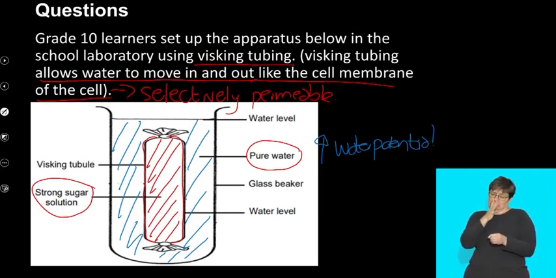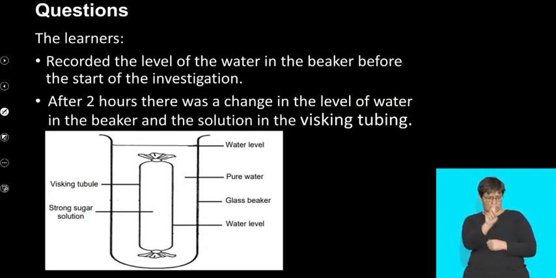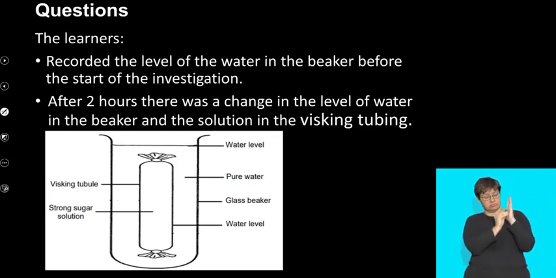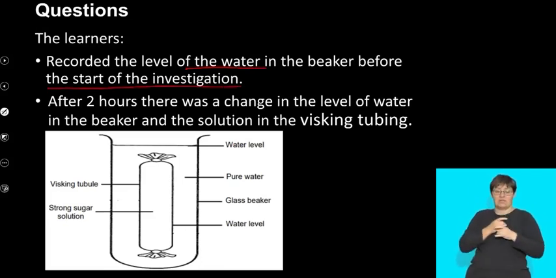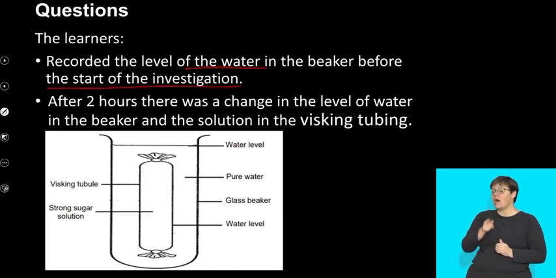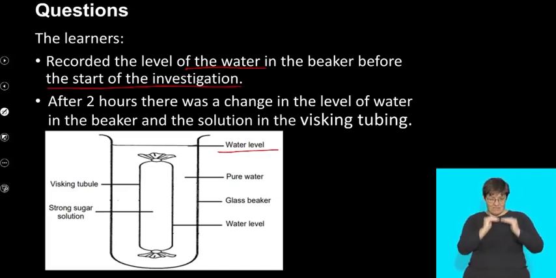So what question are they going to ask me? Okay, so they're still carrying on with how they set it up. The learners recorded the level of the water in the beaker before the start of the investigation. So that's telling me that the water level is going to be important.